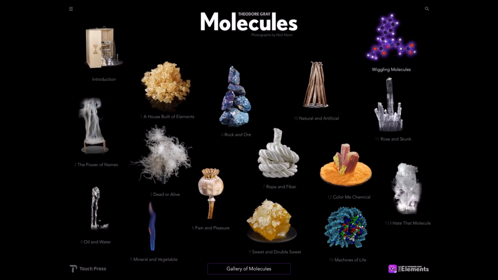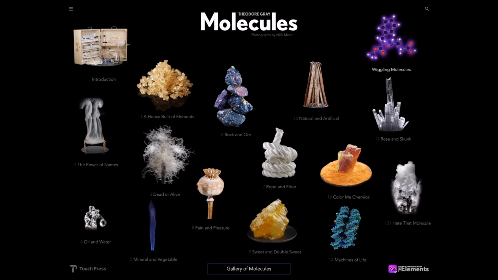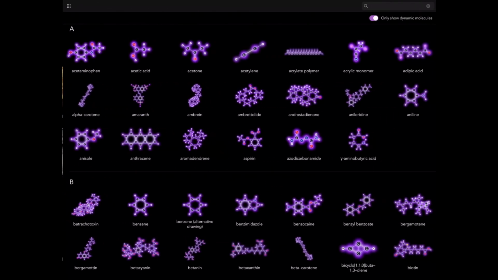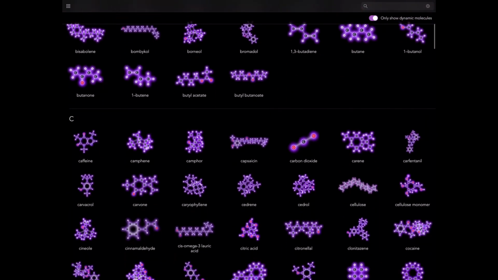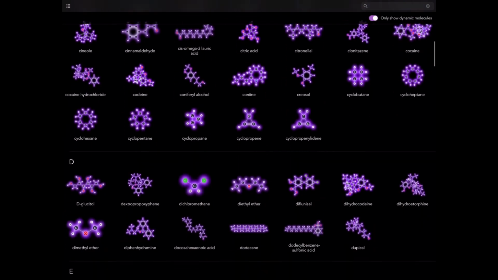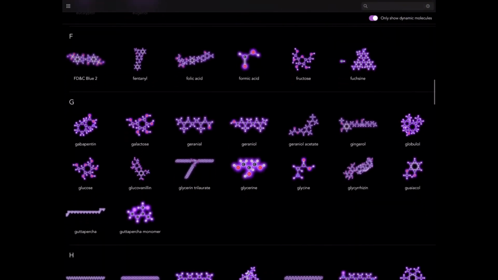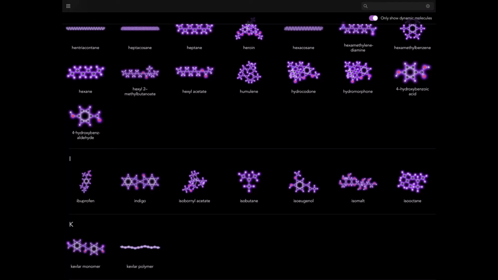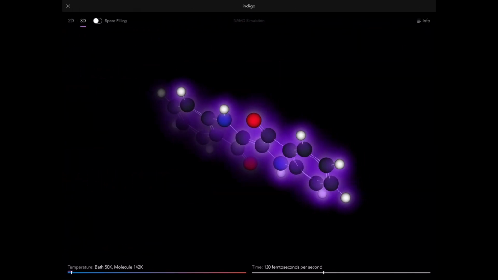I wanted to go to this fun iPad app called Molecules. Among a lot of other things, it has some molecules that we can click on and see how they actually move around in solution. I got to find one with a double bond. Indigo.